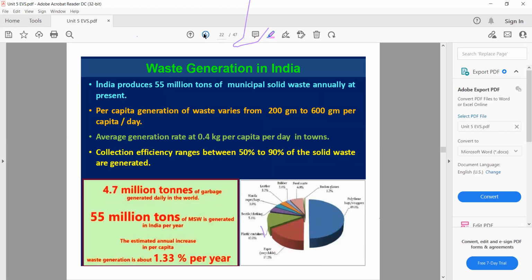And collection efficiency ranges between 50 to 90% of the solid waste that is generated. So 50 to 90% of solid waste that is generated gets collected. This is the collection efficiency. Okay.